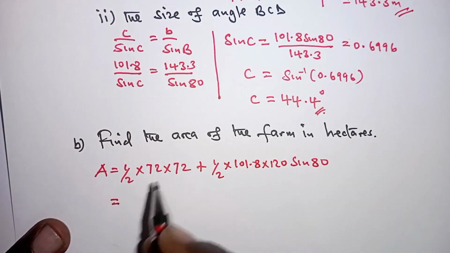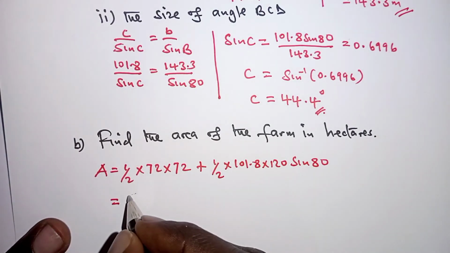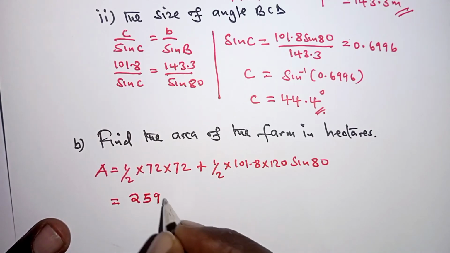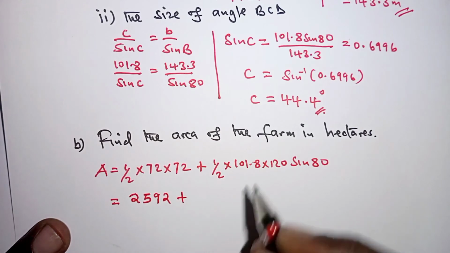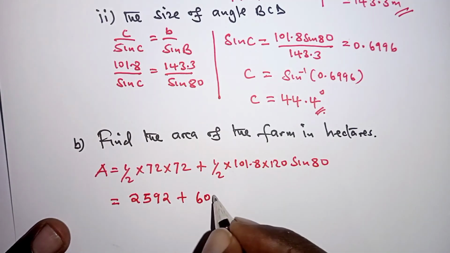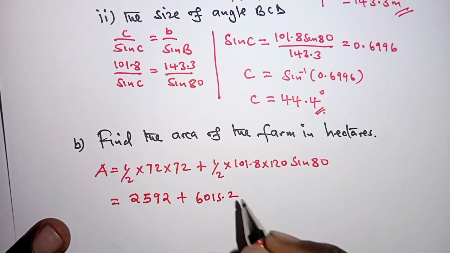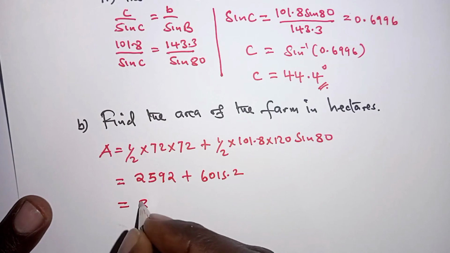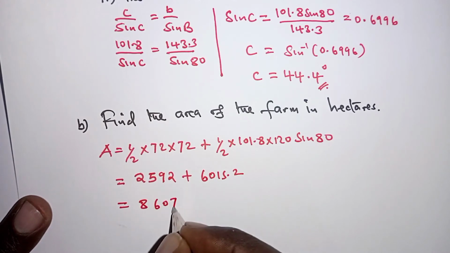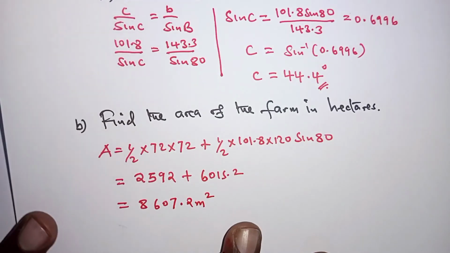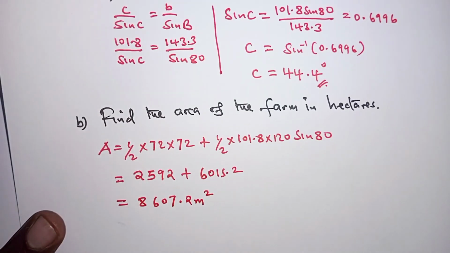For this first part, when you work it out from my calculator, I'm able to get 2,592. And then for the second part, I'm getting 6,015.2. So when you add, we get 8,607.2 square meters.